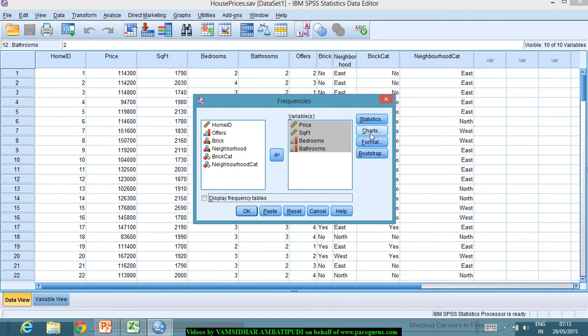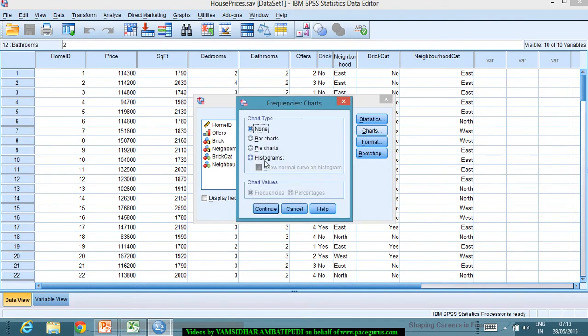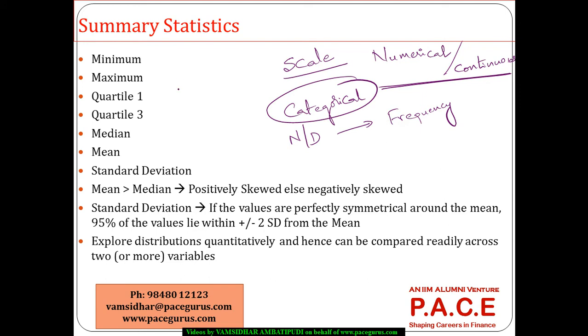And if required, anyhow we are going to deal with the histogram, so I'll try to plot the histogram as well. Histogram is more appropriate for scale data, for quantitative data. What it does is it classifies the data into intervals, like 1 to 100, 101 to 200, and it computes the frequency in each of these classes, and the graph is plotted with this.